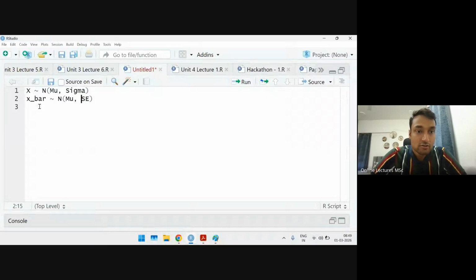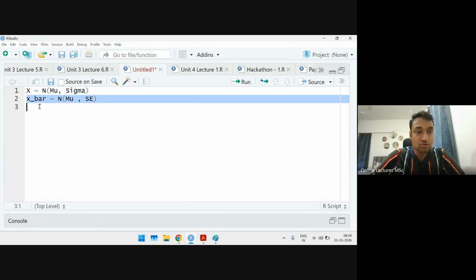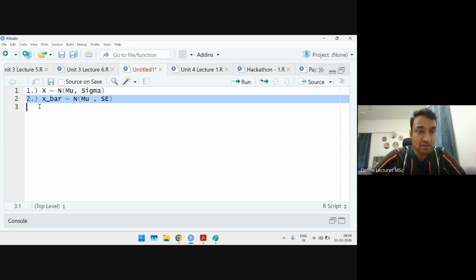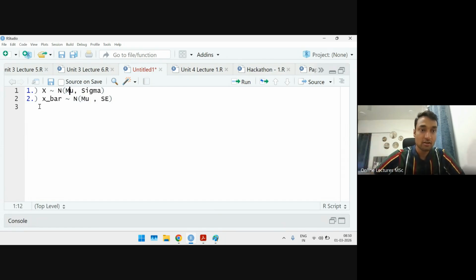So one distribution was for X and one distribution was for the statistic, correct? Bootstrap is eliminating the second one, because the first one is where things are coming from. I'm not interested in this component in bootstrap. Bootstrap takes care of the second component, which helps me infer on the parameter mu or whatever it is. Is this understanding clear?